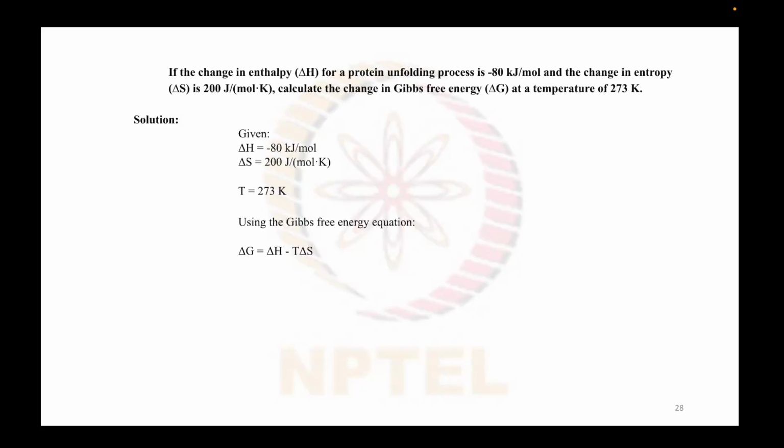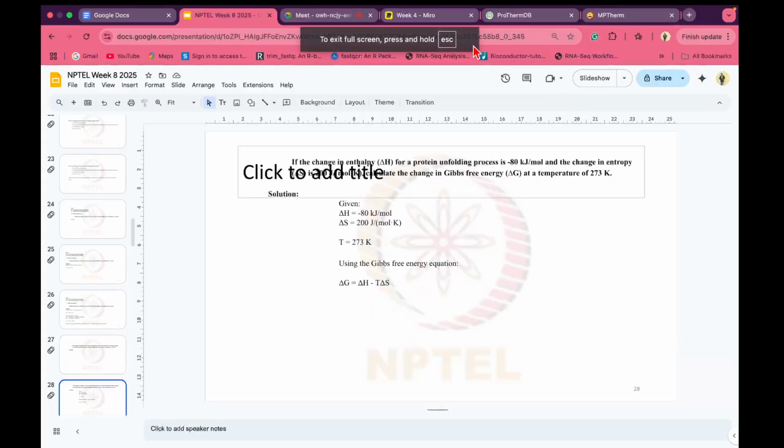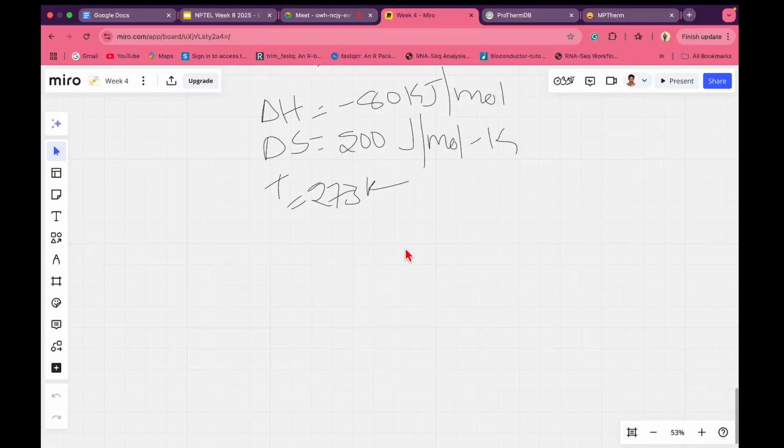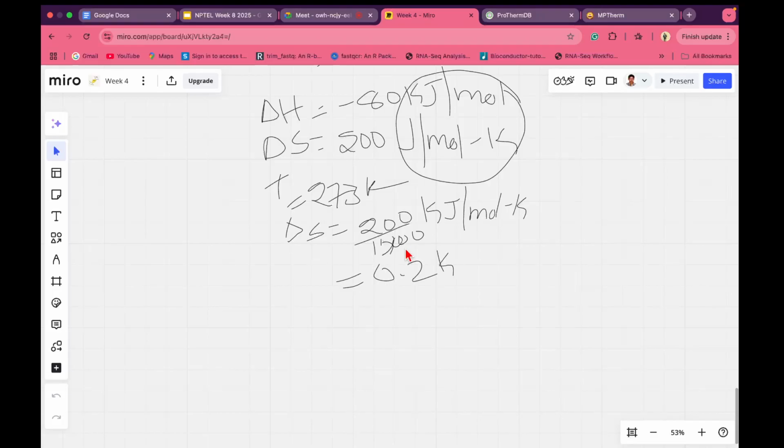Delta S is 200 joule per mole Kelvin. Temperature is 273 K. Again there is a unit mismatch, so let's convert delta S. So 200 by 1000 kilojoules per mole Kelvin, which equals 0.2 kJ per mole per Kelvin.